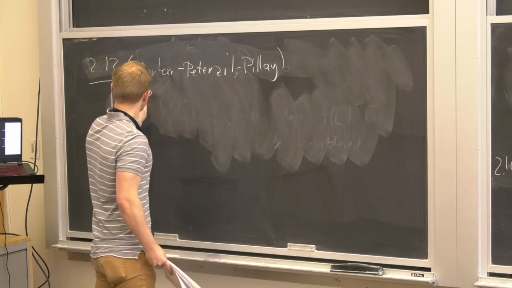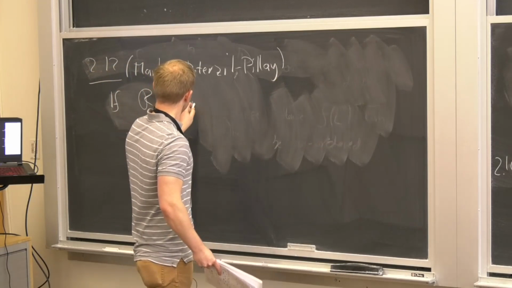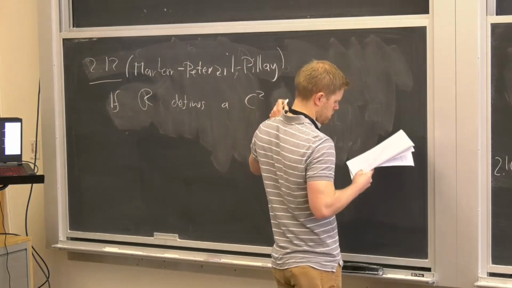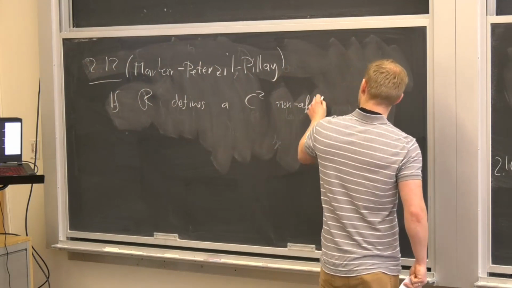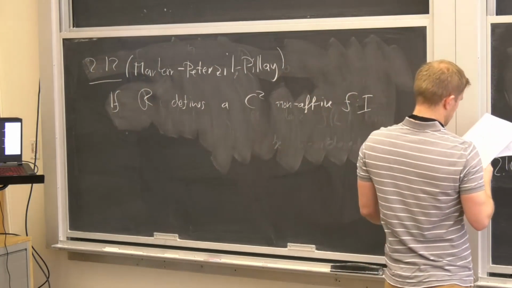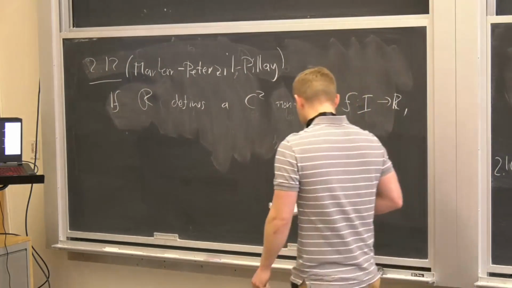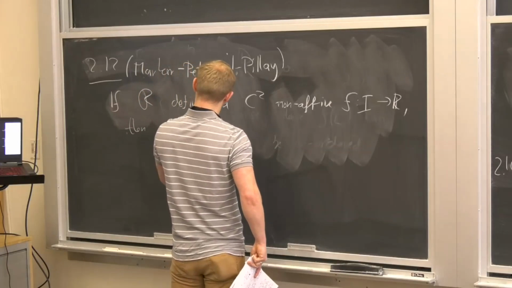So if R defines a C2 non-affine function, let's say from some interval I to R, then R is of field type.